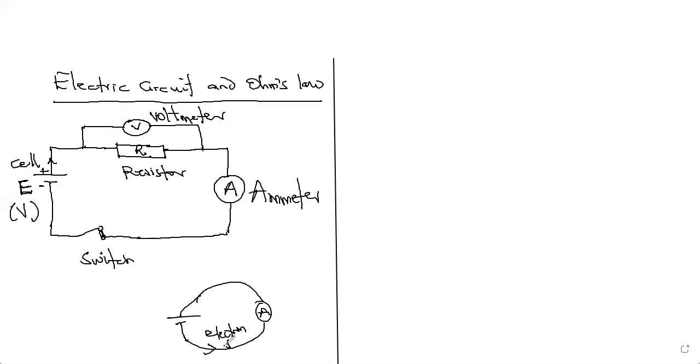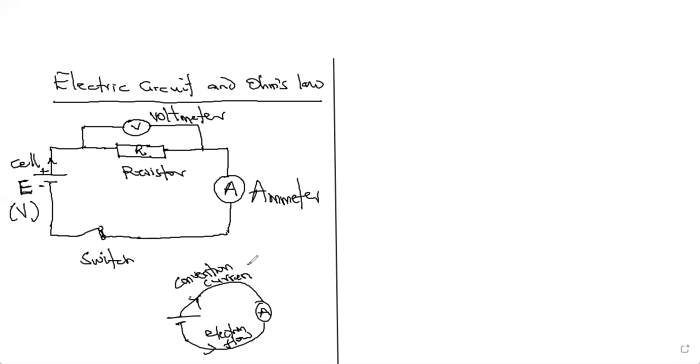Electron flow is from the negative terminal, while the current that will be detected by this ammeter is called conventional current, and it moves in the opposite direction to the direction in which electrons flow. So electrons flow like that, but current flows like that. So conventional current, you need to get that right.